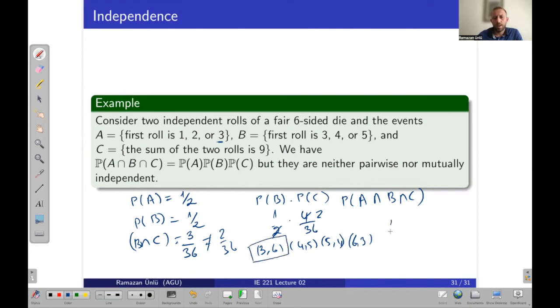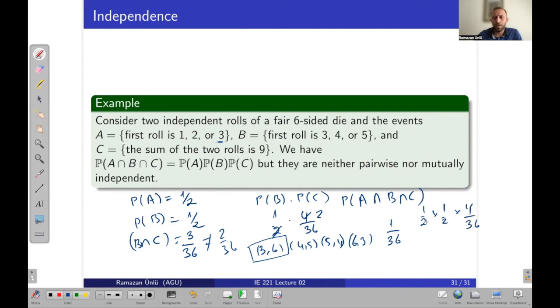So, which is actually 1/36, right? And the individual product is 1/6 times 1/2 times 4/36, right?